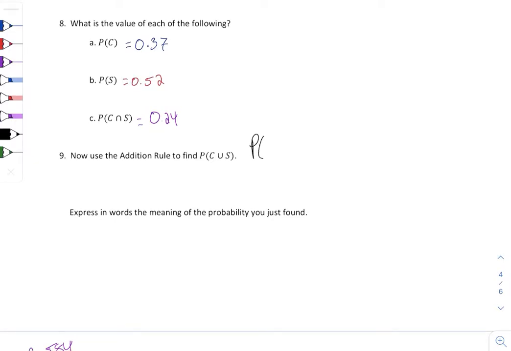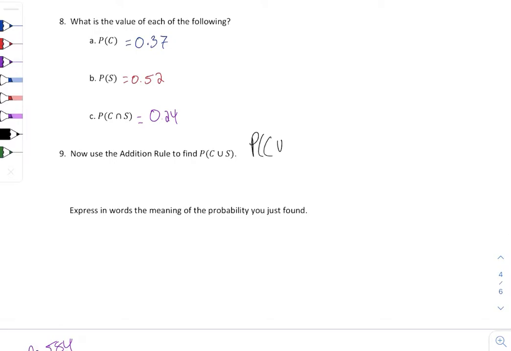So C union S is equal to the probability of just C plus the probability of just S, minus the probability of C intersect S. The probability of C or S is C plus S minus C and S. You'll get used to that. Now it's just a matter of plugging everything in and using a calculator or some mental math.